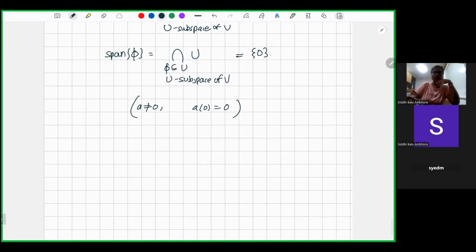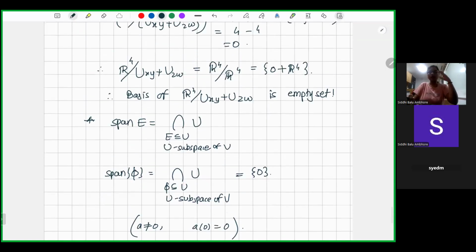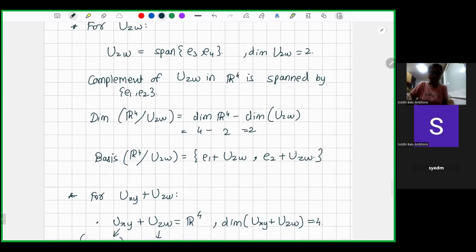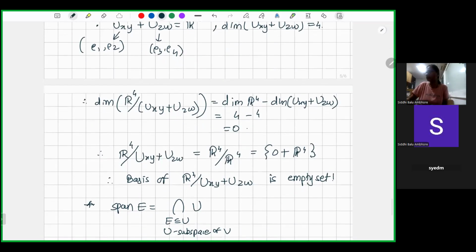But we can also take it, it depends on what convention you are using. But I hope you got the idea that this is 0 plus R4 and it is generated by the empty set. If there are any doubts, please let me know, or we can move to the next question.